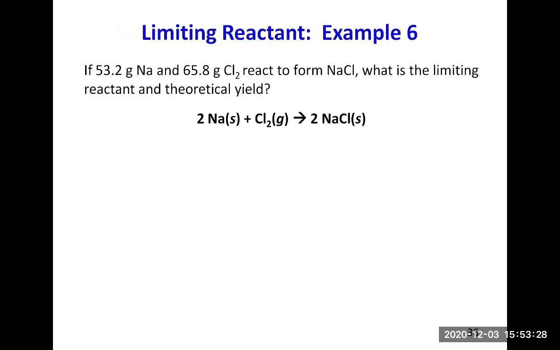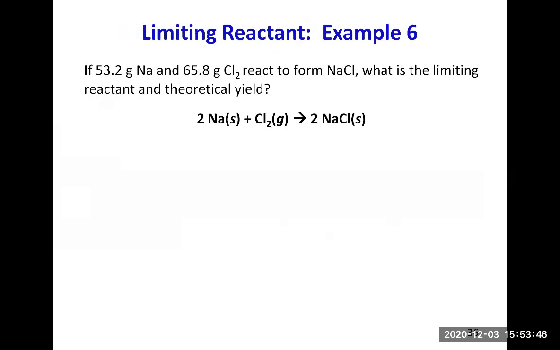Example 6 here. If 53.2 grams of sodium and 65.8 grams of chlorine react to form NaCl, sodium chloride, what is the limiting reactant and theoretical yield?